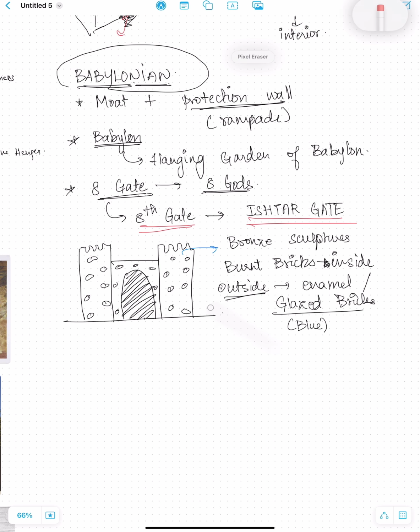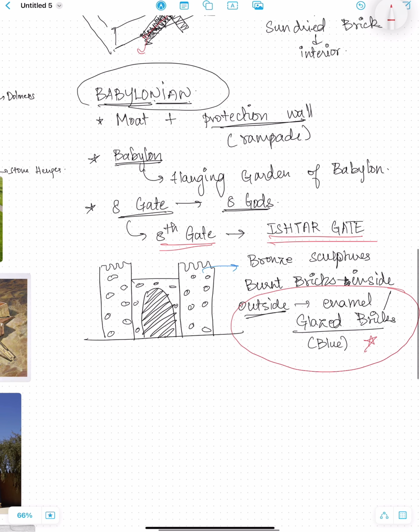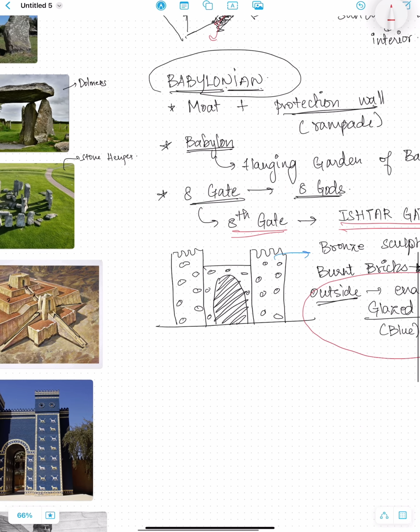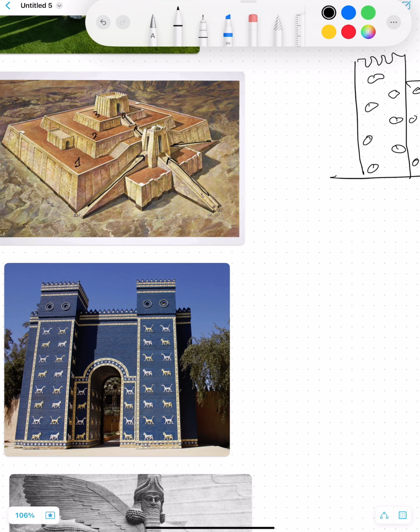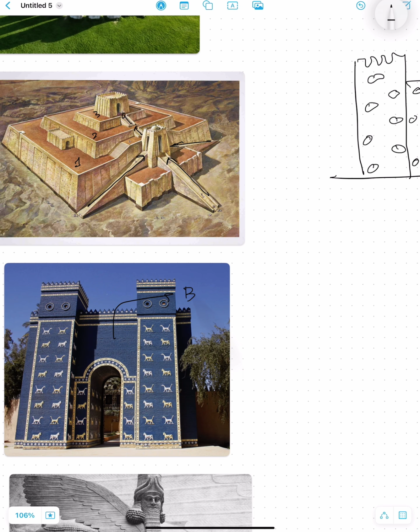So this is important to remember. So this is Ishtar Gate, and you can see the blue bricks and the bronze embossment of sculptures.